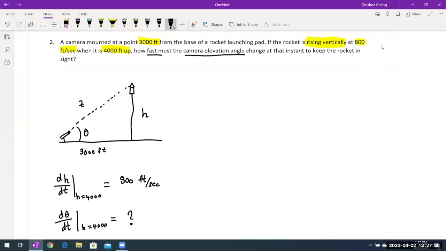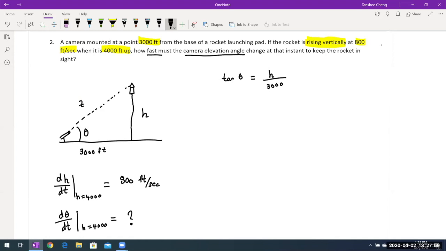Now what we're going to do is relate the rate of change in height with respect to time to the rate of change in angle with respect to time. We're going to use the tangent function, because tan θ is equal to opposite over adjacent, which is h over 3,000.